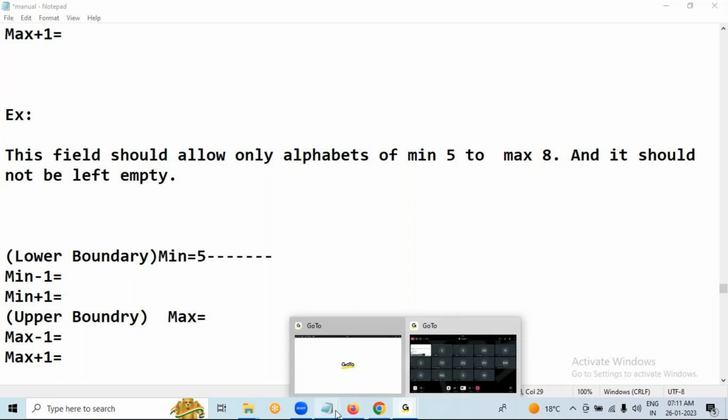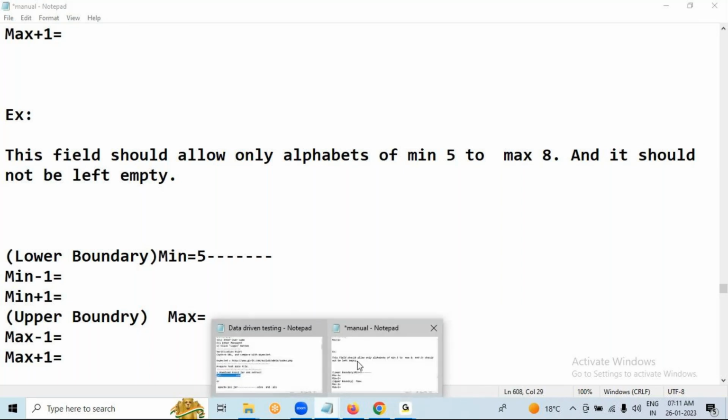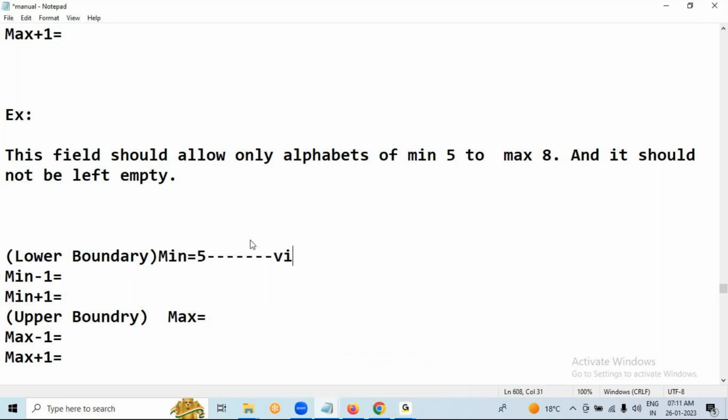We have to test whether it is valid or invalid. Is it valid data or invalid data? Earlier you told me it's valid data. Why? Because minimum 5 to maximum 8 is valid only.